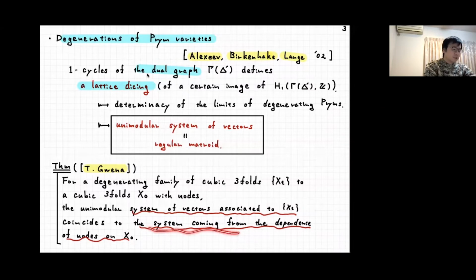This system is just given by the configuration of the nodes as a place.